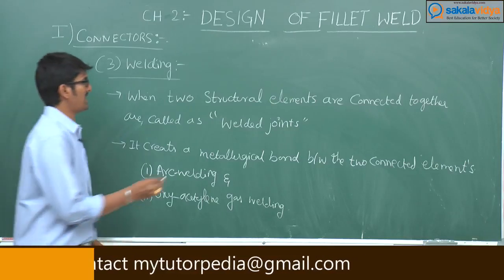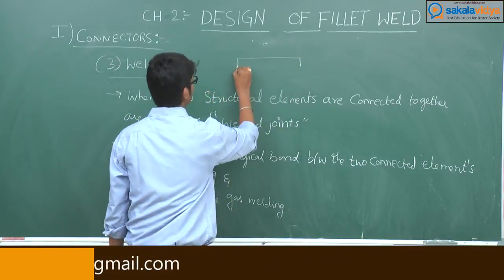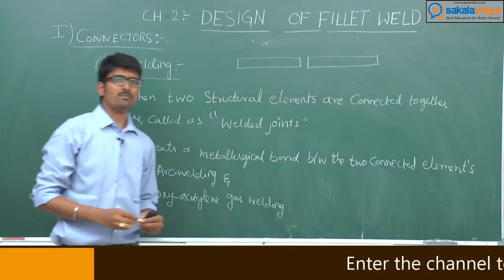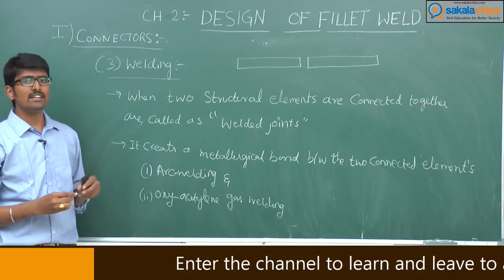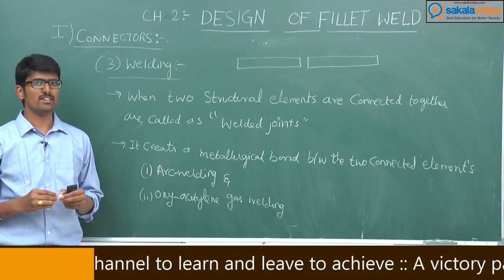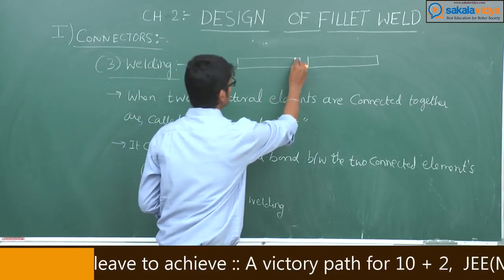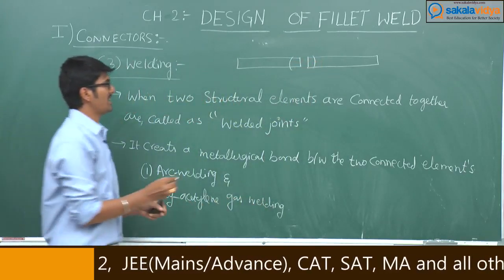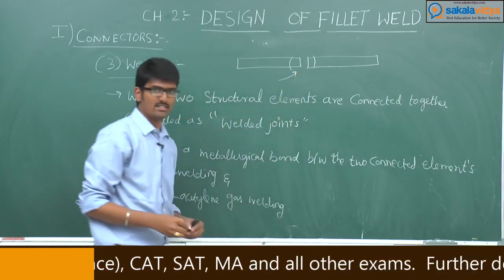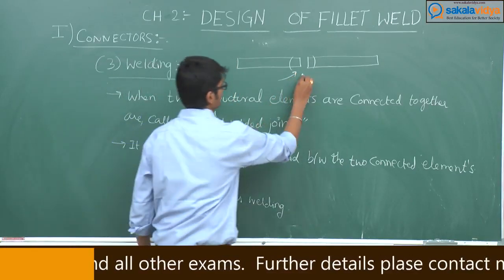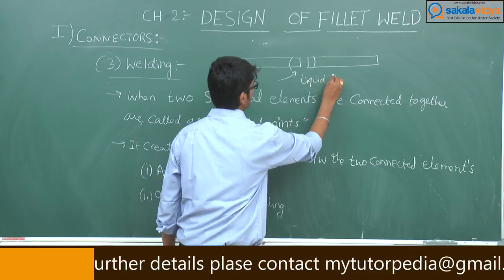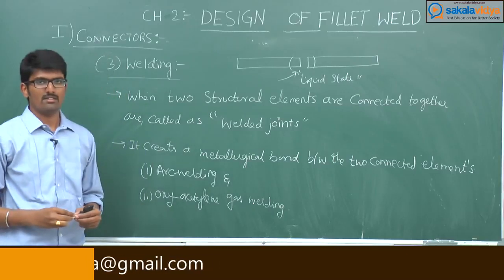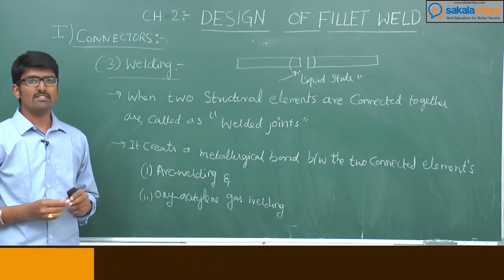For example, if you have two metal plates, we need to create a metallurgical bond between them. In these welding processes, first the two metal ends are transformed into a liquid state.